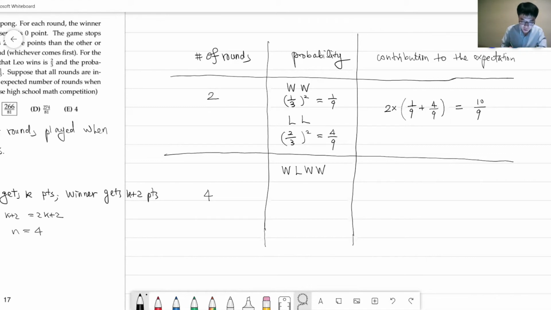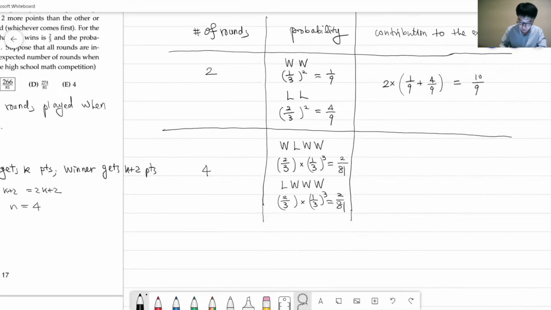So in this case, we have 2 over 3 times 1 over 3 cubed. This equals 2 over 81. And also, we have L, W, W, W. So in this case, we also have 2 over 3 times 1 over 3 cubed, which is 2 over 81.